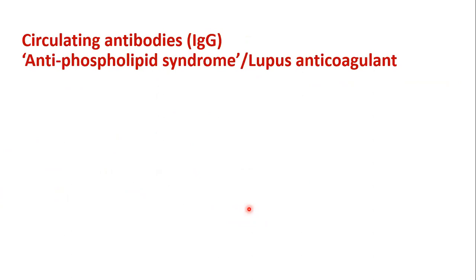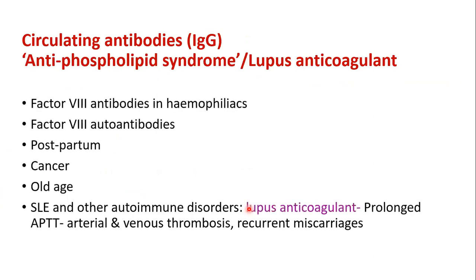Just quickly about the last condition, circulating antibodies, or what we call antiphospholipid antibody syndrome or lupus anticoagulant. In this condition you see a lot of antibodies against the factors, like factor 8 antibodies in hemophilic patients, because you are giving factor 8, the body responds and produces antibodies. There are also factor 8 autoantibodies. Sometimes it can be seen in postpartum females after delivery of the baby, cancer patients, old age, SLE, and other autoimmune disorders.